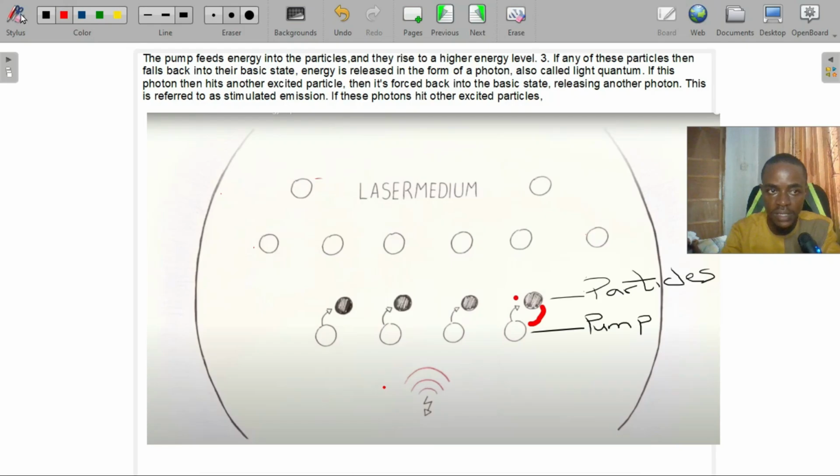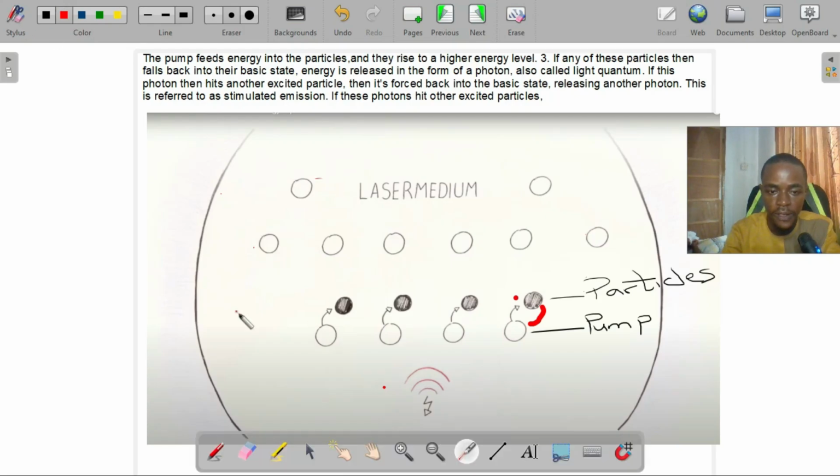Which means that if these photons hit particles in an excited state, and these particles then fall back to the basic state, another photon is also released. So that will be a double photon.